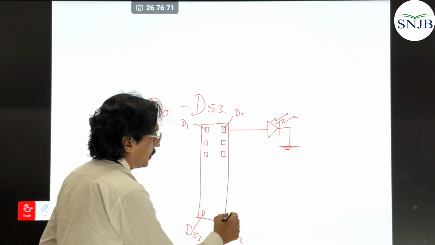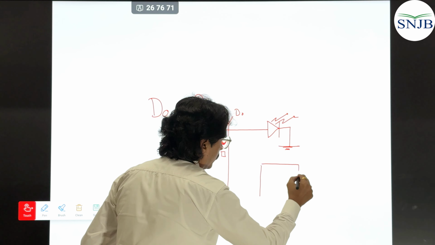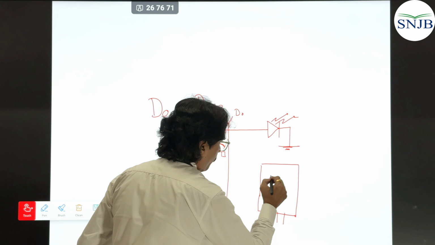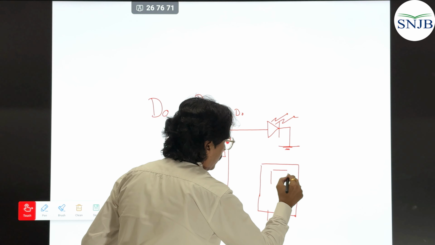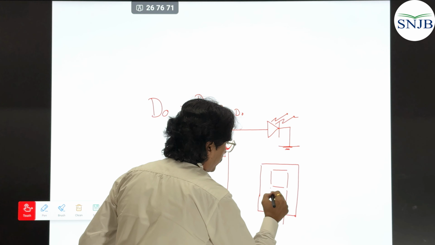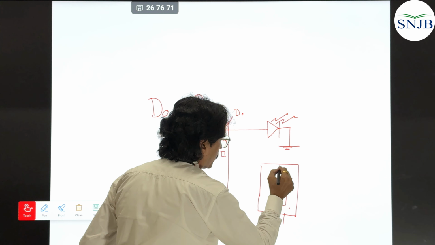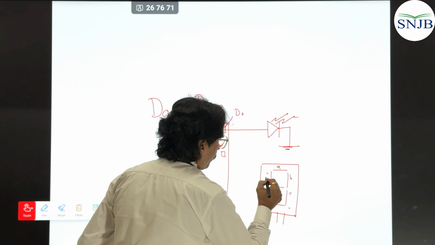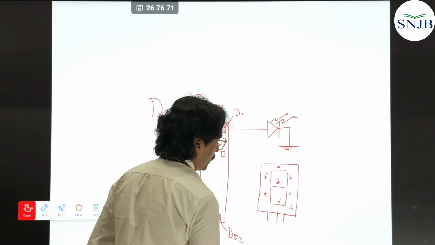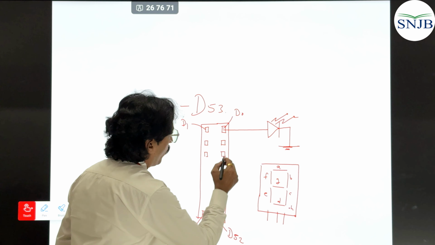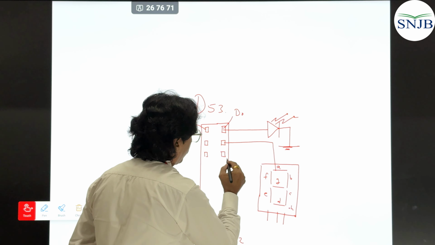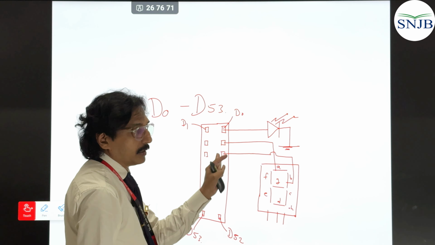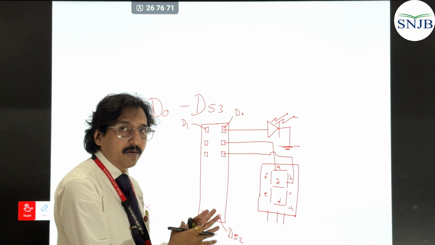If we have this chip which has 3 leads over here and 7 segment LEDs over here, this is A, B, C, D, E, F, G and this is H. This is a 7 segment LED. A is connected to this point, B is connected to this point, and likewise. This way you can connect digital devices directly.